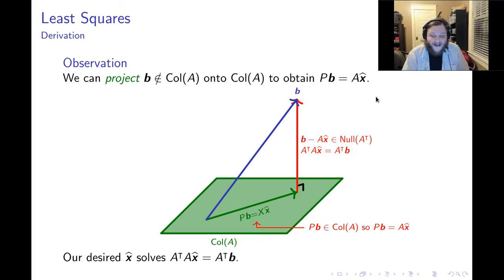So the x hat that we're looking for, which tells us what linear combination of the columns of A gives us the projection, satisfies the equation Gramian of A times x hat equals A transpose times b. And this is the theory behind this concept of least squares.